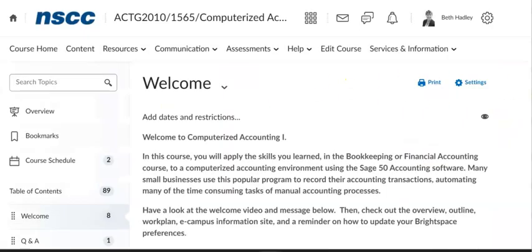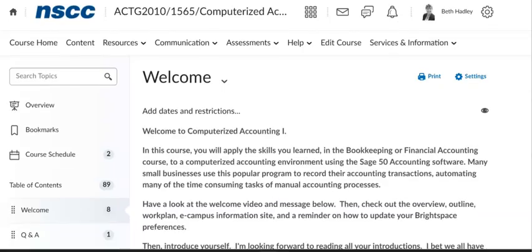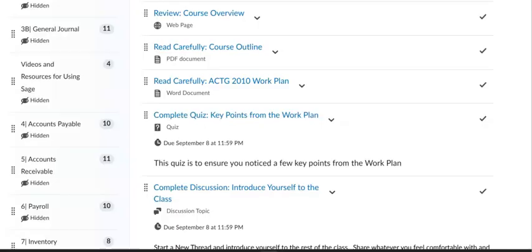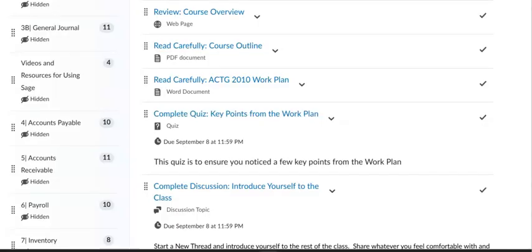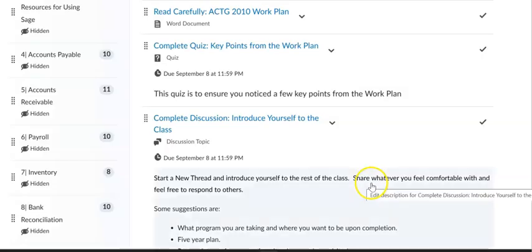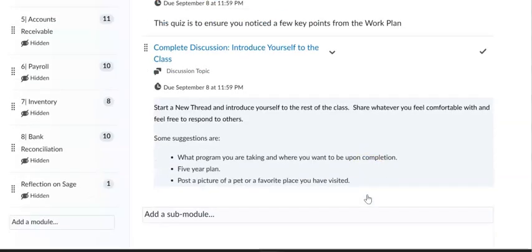Let's have a look. We have a small quiz. It's just key points on the work plan. 3 very straightforward questions. Please complete that after you've had a chance to review the work plan, and then introduce yourself to the class.